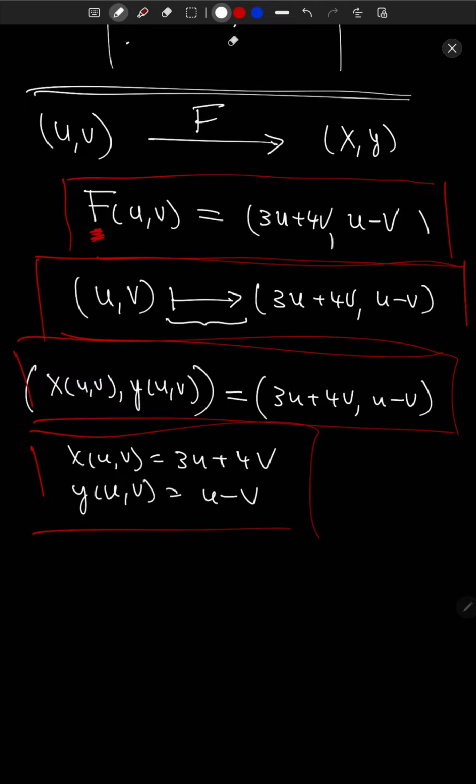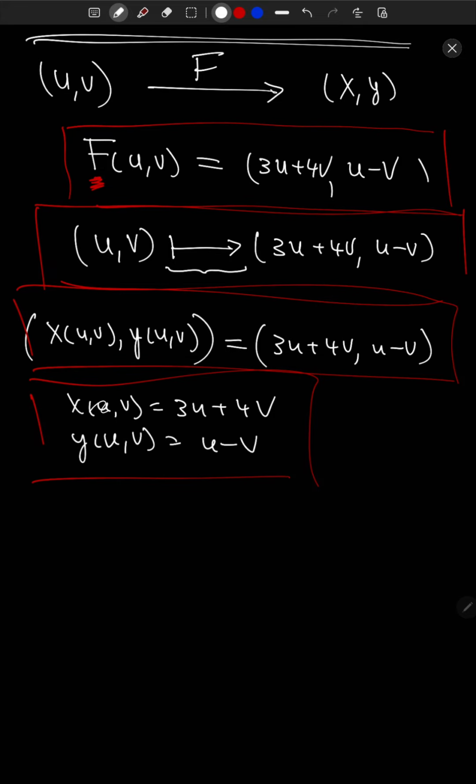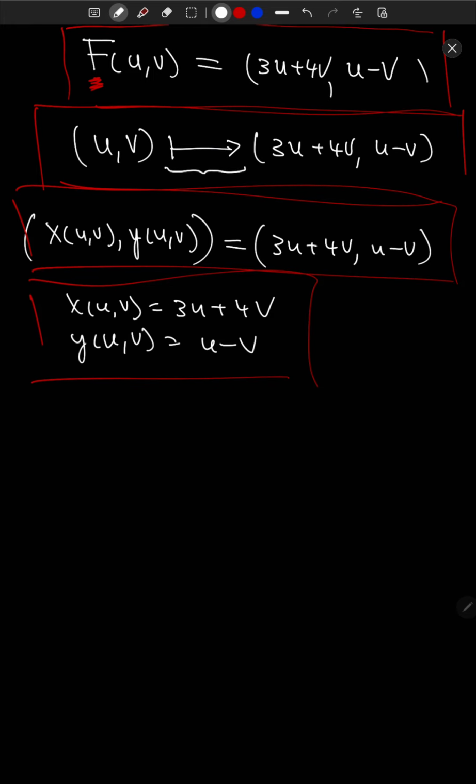We often do this, as in the past when we talked about parameterizations of curves. We've used the same notation, x of t equals something, y of t equals something. Or if we're really lazy, we just go x equals 3u plus 4v, y equals u minus v.